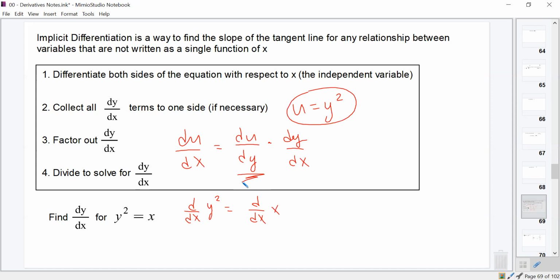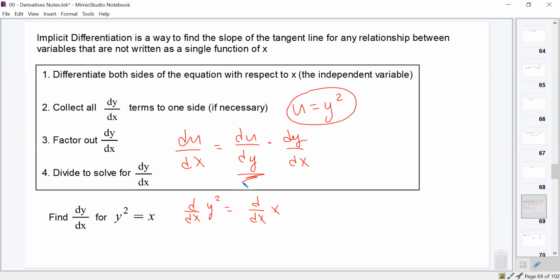So every time we take a derivative of a y term, we'll take its derivative normally and multiply the result by dy dx. And this will be the common practice that we'll use for any derivatives that we're taking with respect to a specific variable when the function is written in terms of another variable.